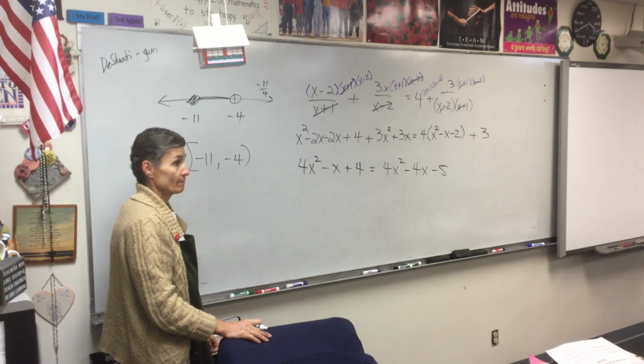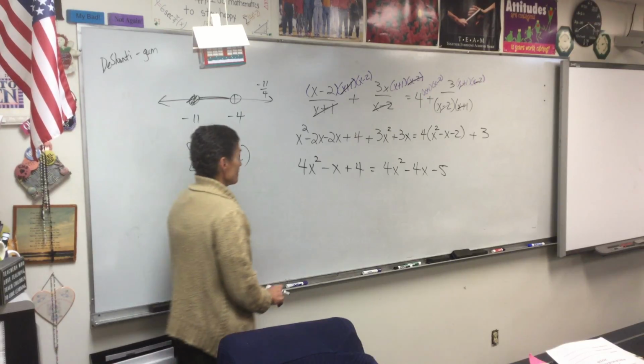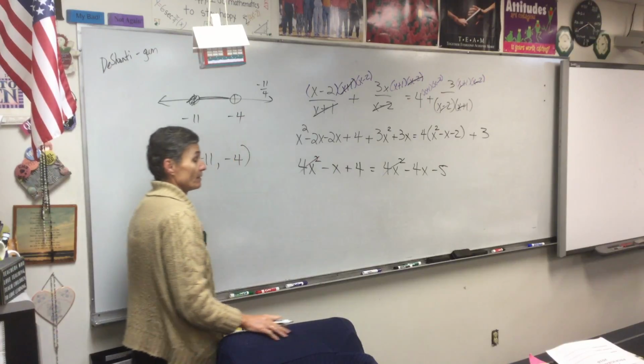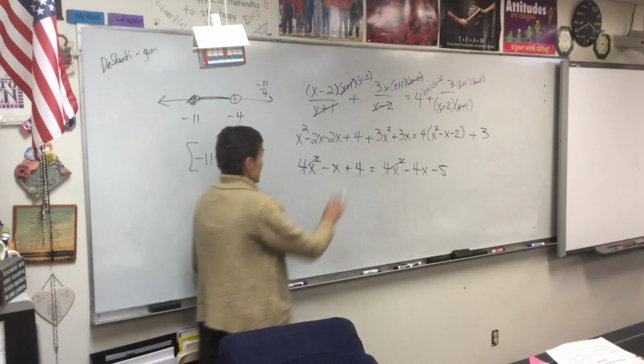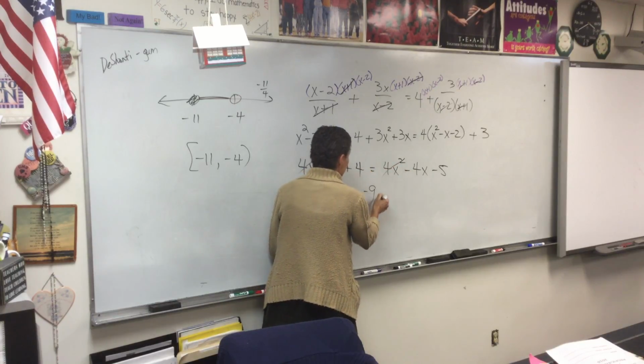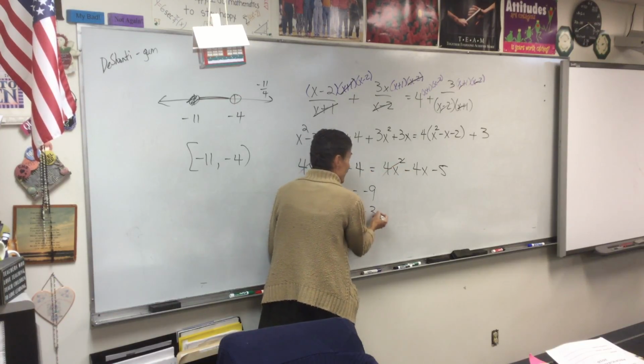So far, so good. This is awesome, because I thought it was going to be quadratic, but it's not, is it? Those are going to disappear. So 3x equals negative 9, and x equals negative 3.